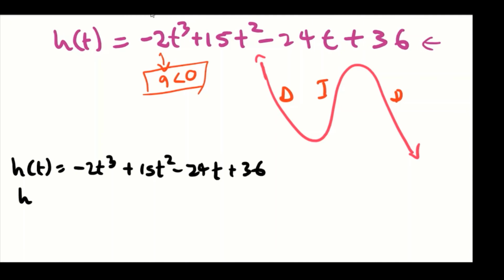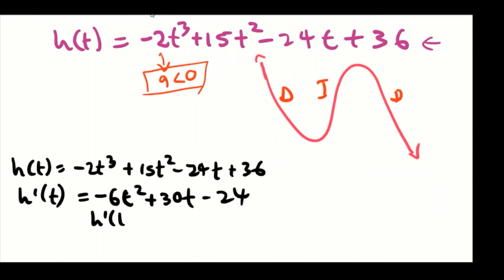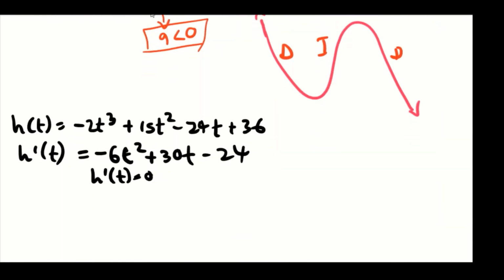So to derive this h of t, the derivative is minus 6t squared plus 30t minus 24. Then we equate this to 0, and we get minus 6t squared plus 30t minus 24 equals 0.